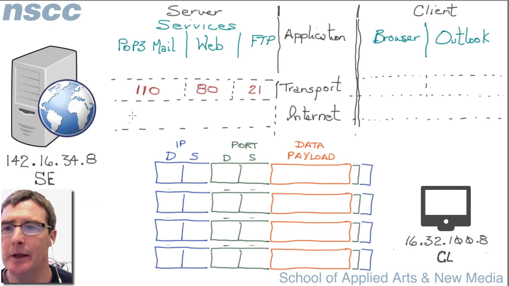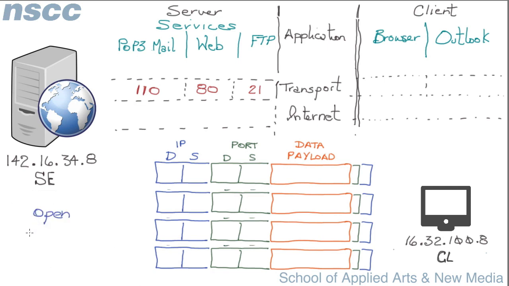And what that means is that for any packets that come in with the server's IP address, a port number is also looked at, and if the port is 110, then the POP3 mail is going to listen to that packet or process it. So port 110 is open. You may also hear the term listening. The server is listening on port 110.